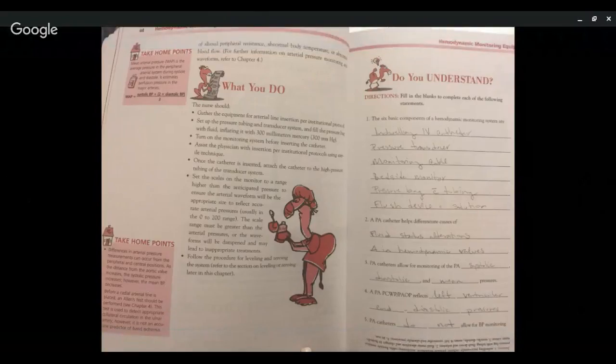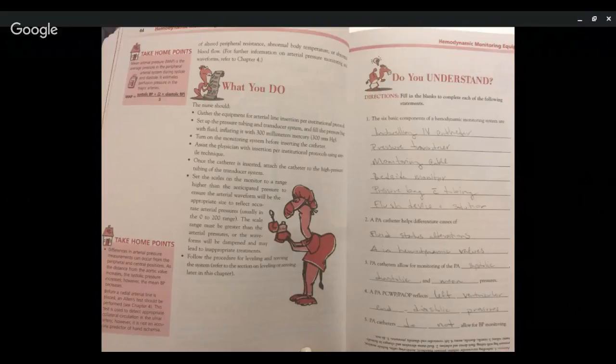Differences in arterial pressure measurements can occur from the peripheral and central positions. As the distance from the aortic valve increases, the systolic pressure increases. However, the mean blood pressure decreases. So that is a good point to recall.